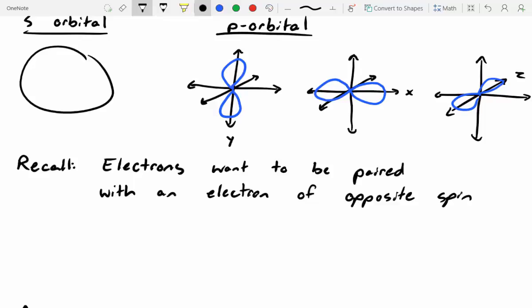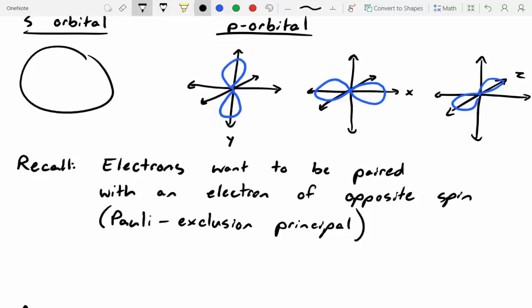If you remember from your Gen Chem textbook, this is the Pauli exclusion principle. So you always want an electron that's spin up paired with an electron that's spin down. We're not going to go into the quantum mechanics behind that. If you go on and take physical chemistry, you'll cover that in a lot more detail.